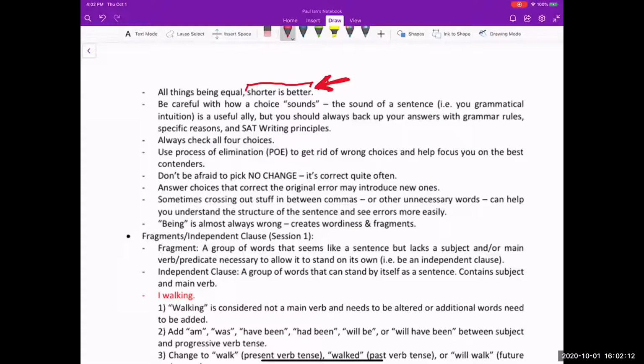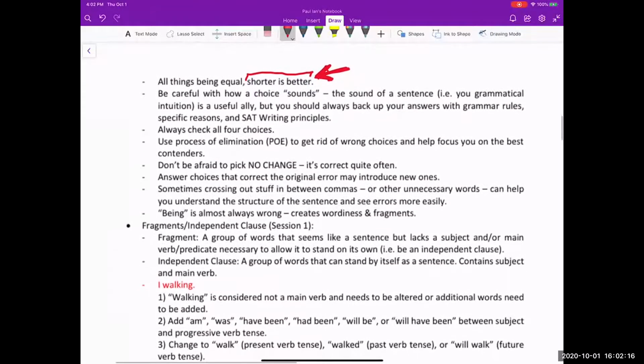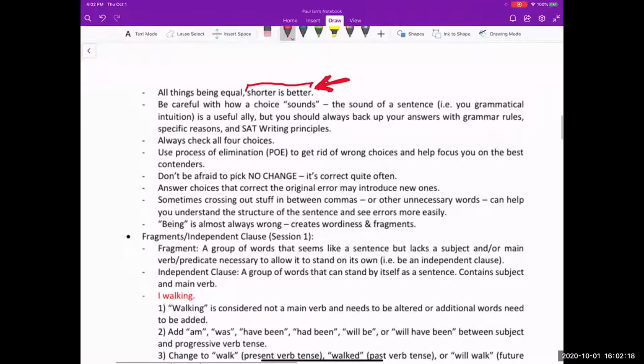So shorter is better. If you were trying to eliminate any of the choices, qualitatively, you might want to look at the shortest one first, and then check the grammar rule after you do that. So you do this guy, and then check the grammar, and then if it checks off, that's probably the one. And when you have time to review, if your gut tells you that's the one, it's probably that one.